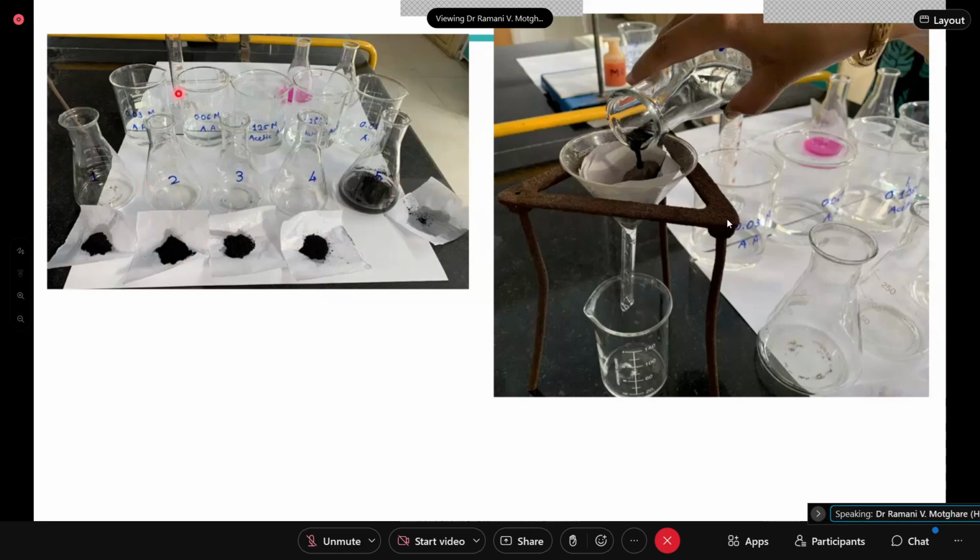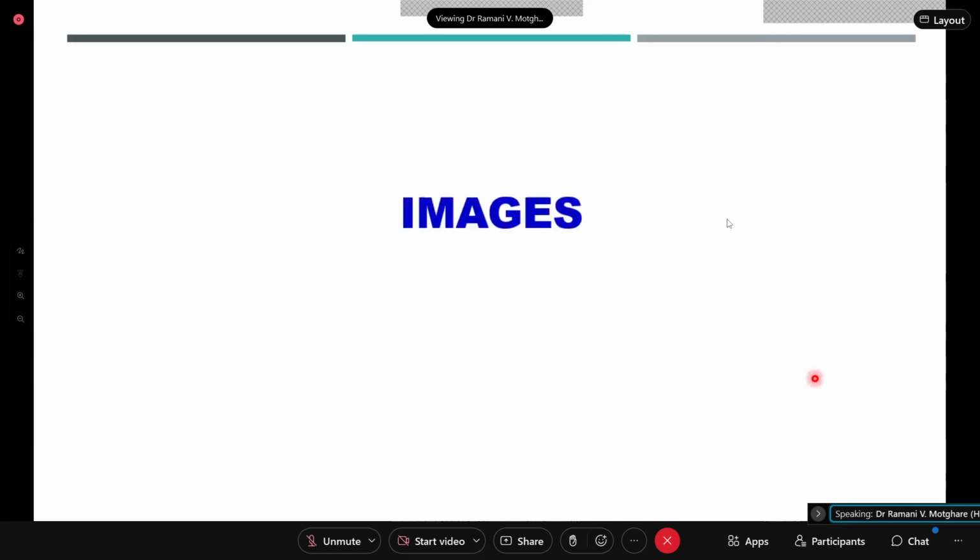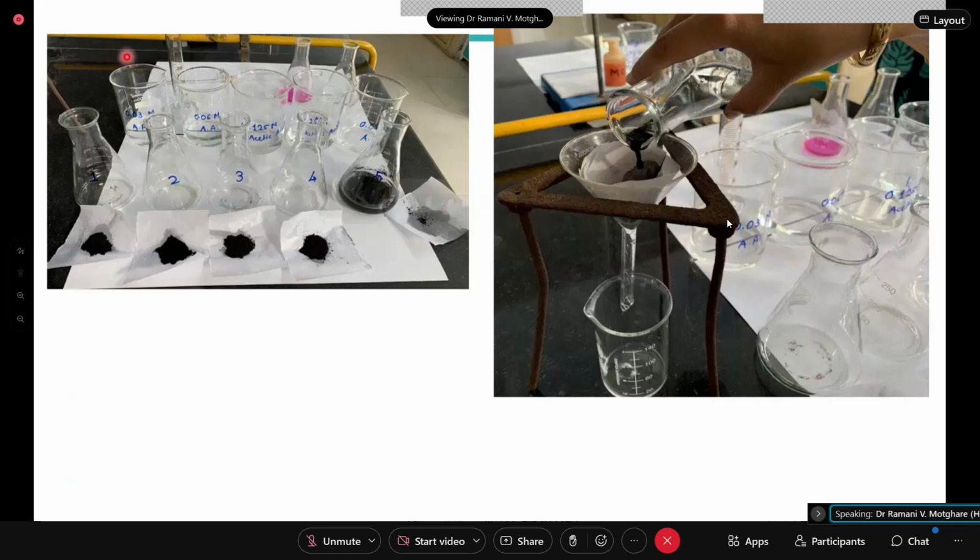Okay. Now you are provided with these concentrations of acid solutions. Which concentrations? 0.5 molar is there, 0.25 molar, 0.125, 0.0625, 0.03125 molar, and 0.0156 molar. So when you have these concentration solutions, the attendant will give you these in beakers.